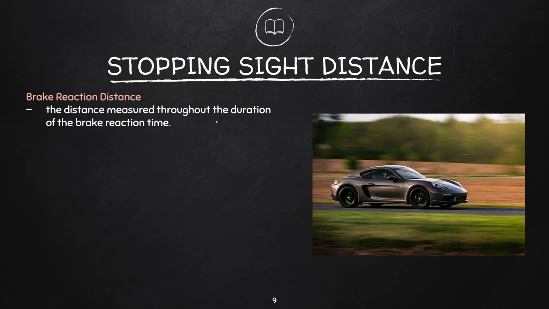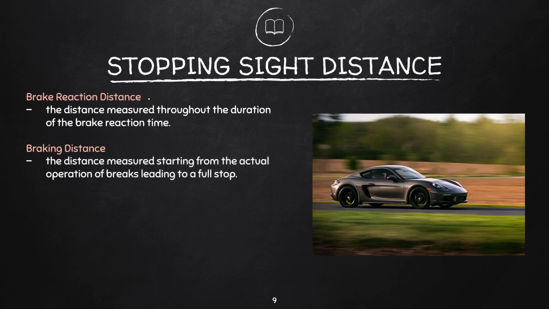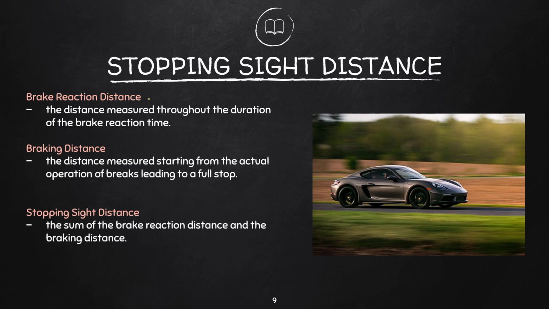The brake reaction time has a corresponding brake reaction distance, and we can easily determine that using the principles of dynamics. Braking distance is the distance measured starting from the actual operation of brakes leading to a full stop, just a recall. And we can now define our stopping sight distance simply as the sum of the brake reaction distance and the braking distance.